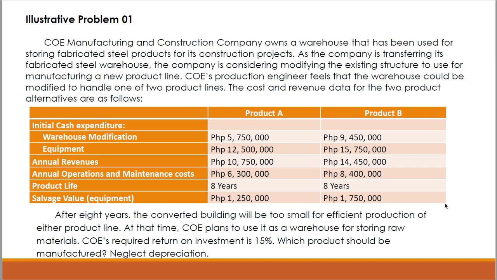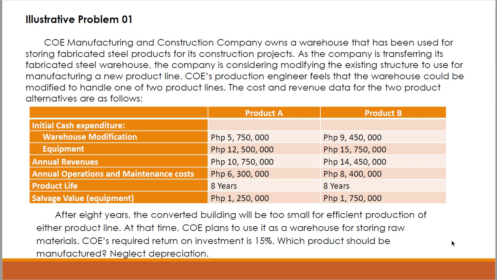After 8 years, the converted building will be too small for efficient production of either product line. So at that time, COE plans to use it as a warehouse for storing raw materials. COE's required rate of return on investment is 15%. Which product should be manufactured? Neglect depreciation.